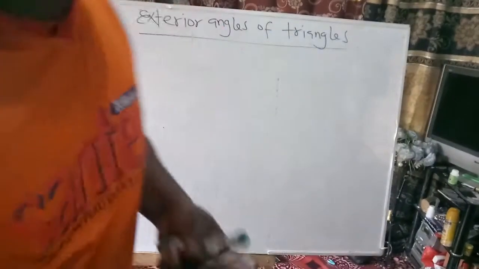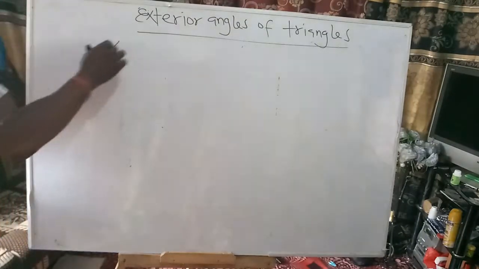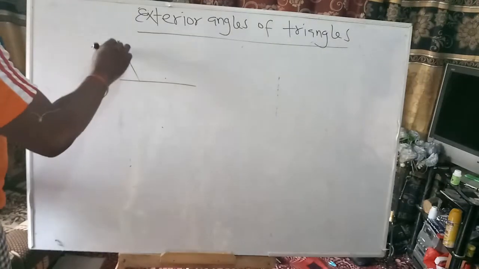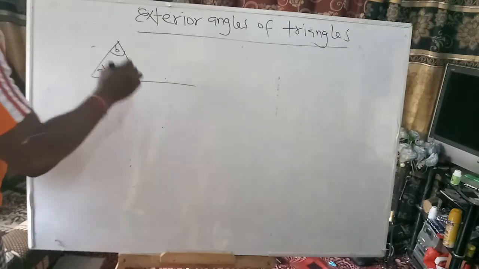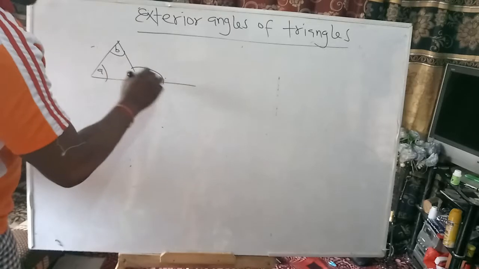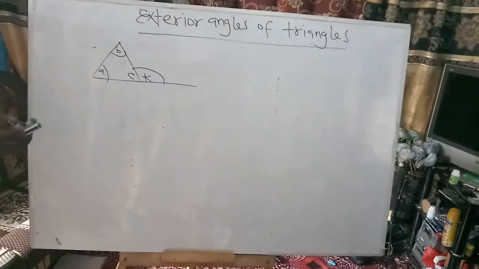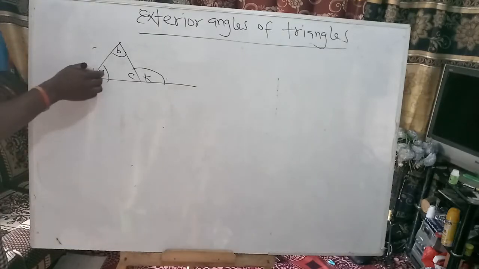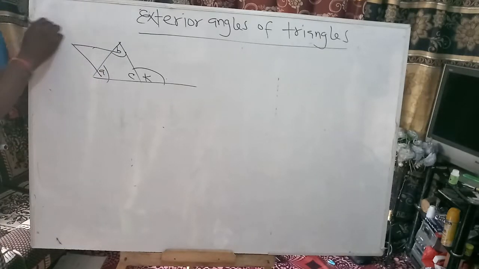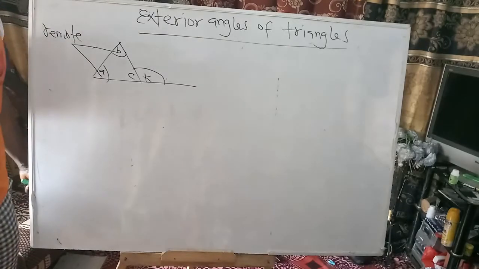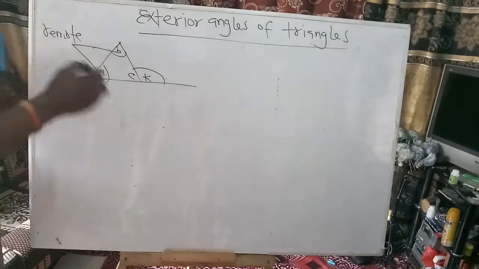Okay, let us consider this diagram. We have A here, B here, C here, and K here. We consider A and B as what we call the remote interior angles.